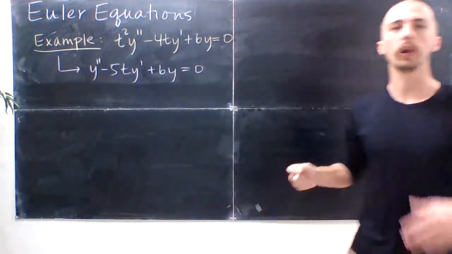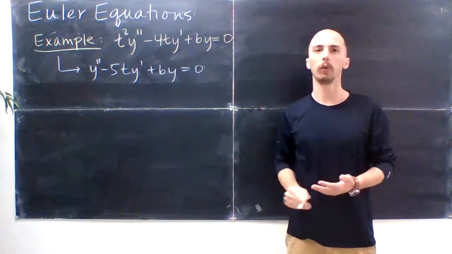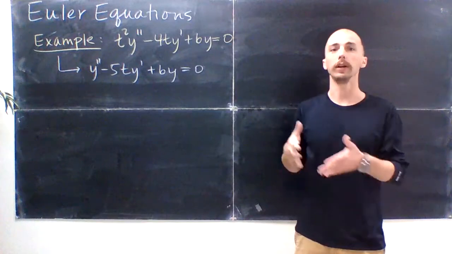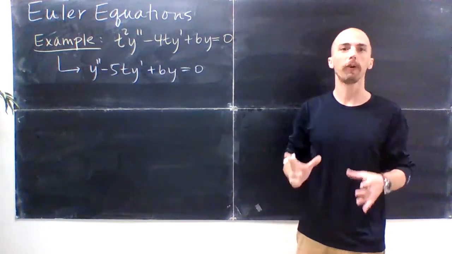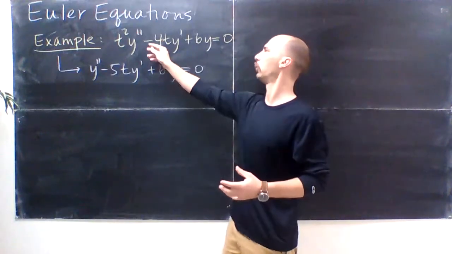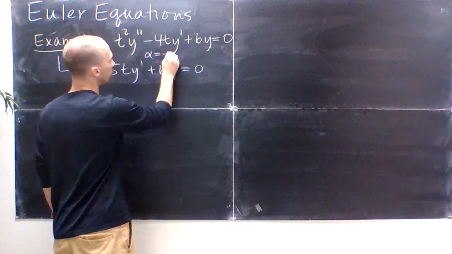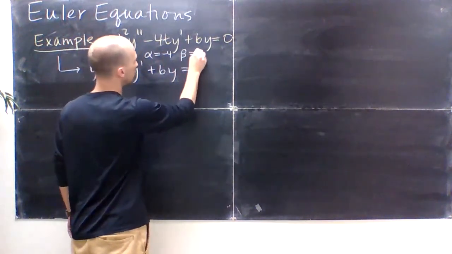And that's because when I went through all of that, what the original Euler equation boiled down to was y double prime of x plus alpha minus 1 y prime of x. Okay, so alpha was -4, and maybe I'll actually write that in. Alpha equals -4 and beta equals 6.